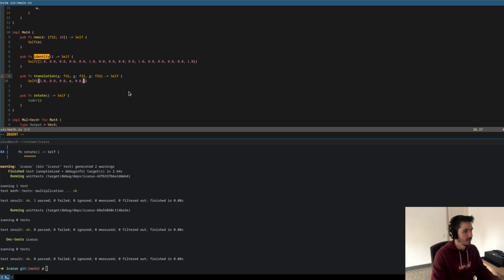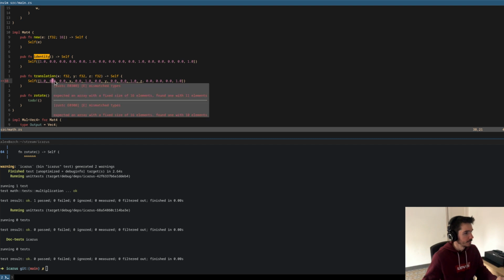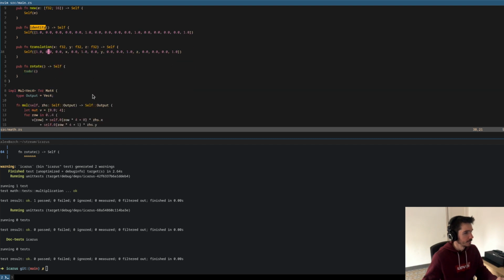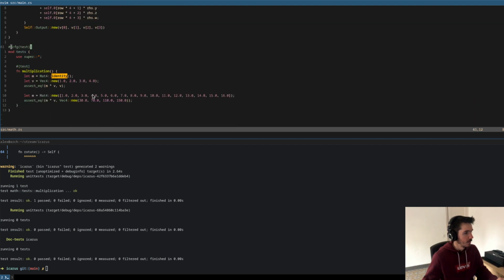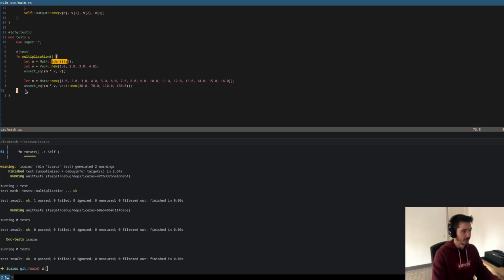The second row is gonna be y, third row it's gonna be Z, and the last row is just a 1. And we can add a simple test for this as well.